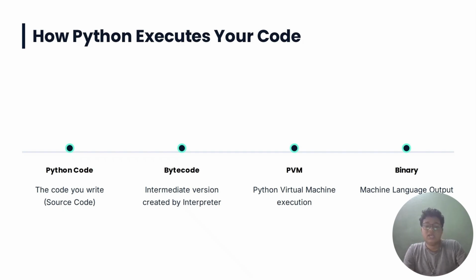It executes it, and the final part is the binary machine language output. That means it is the output given by the machine in machine language, that is binary format. So it gets converted and we get the result.